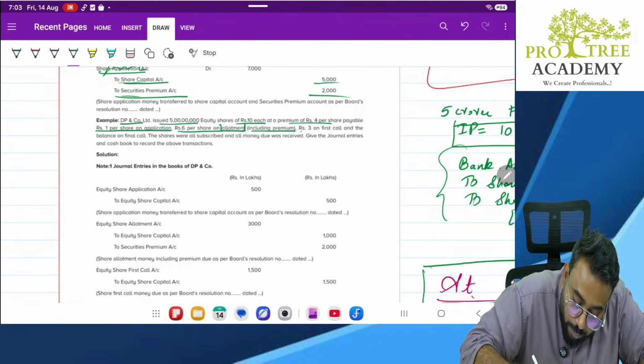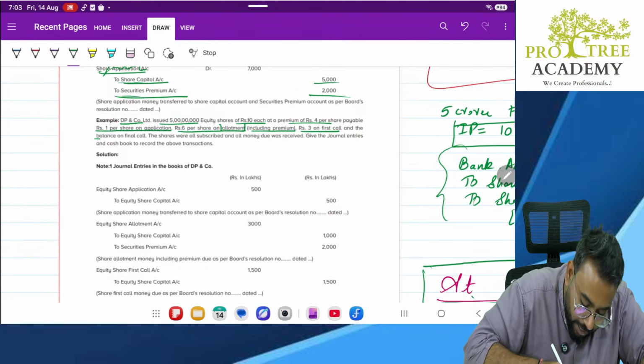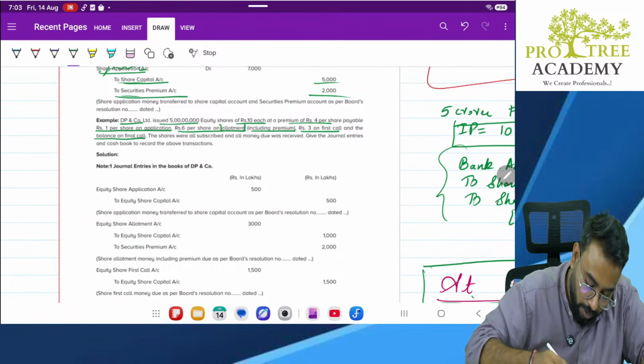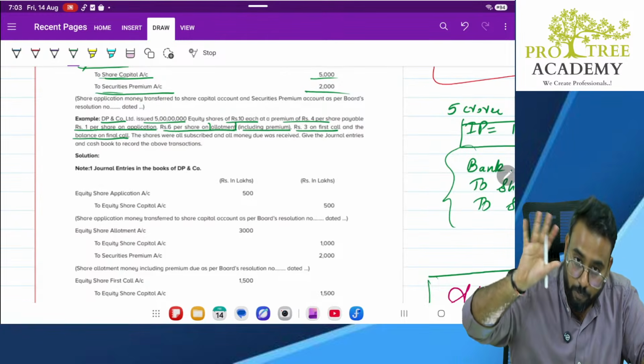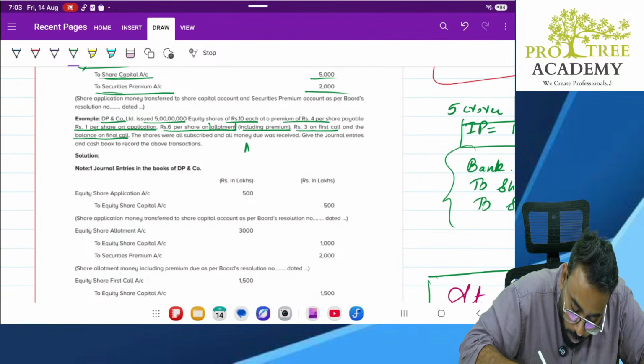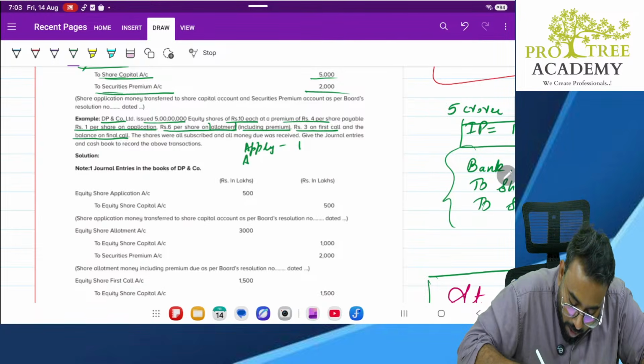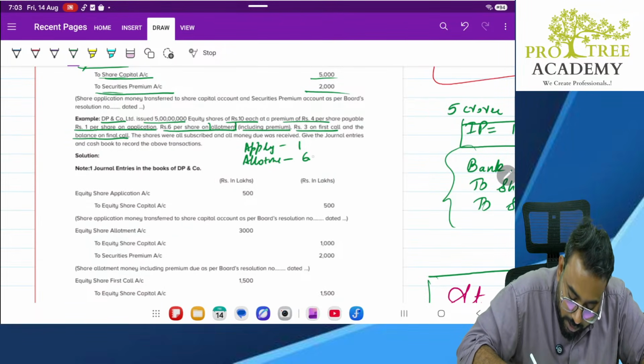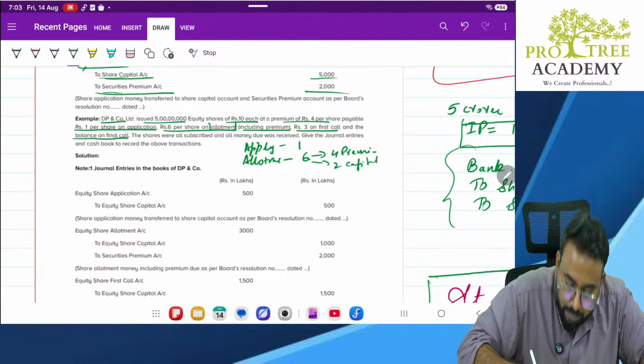Clear? 3 rupees on first call and balance on the final call. So listen to me very carefully: while you apply, pay 1 rupee. While allotment happens, pay 6 rupees. In this 6 rupees, 4 is premium, 2 is capital.